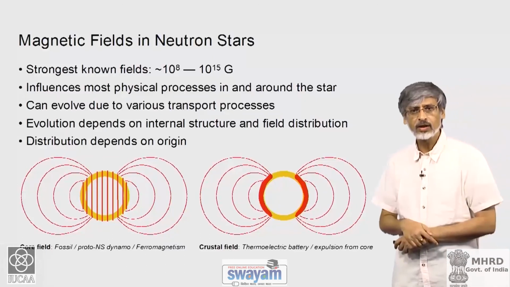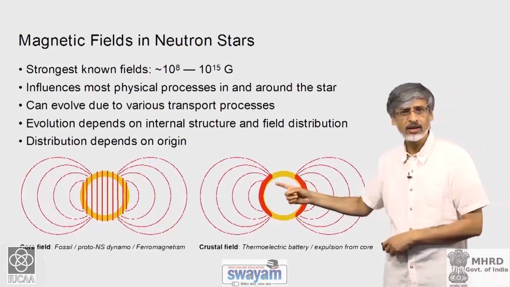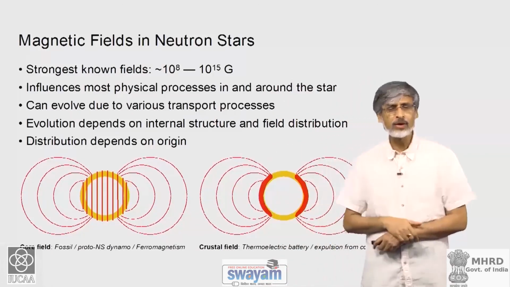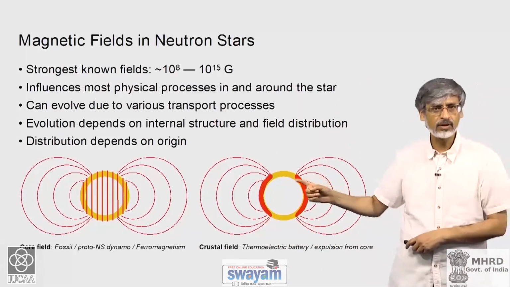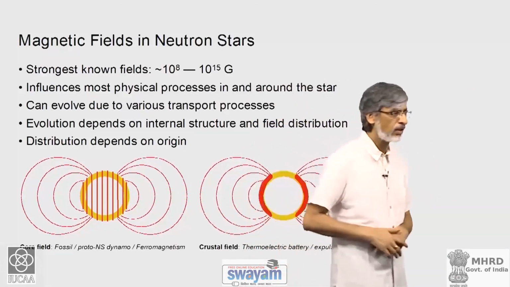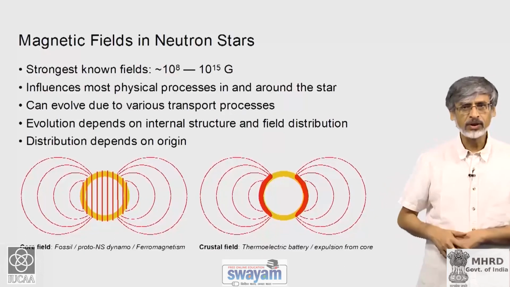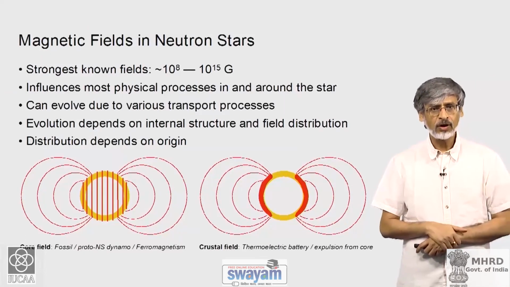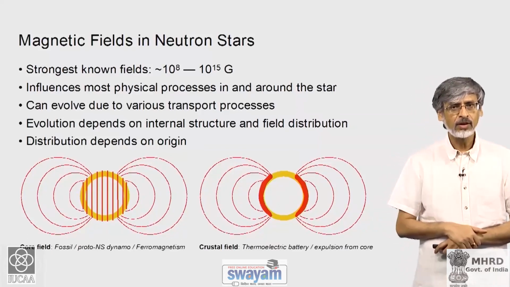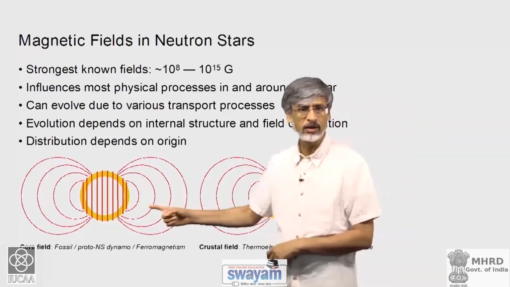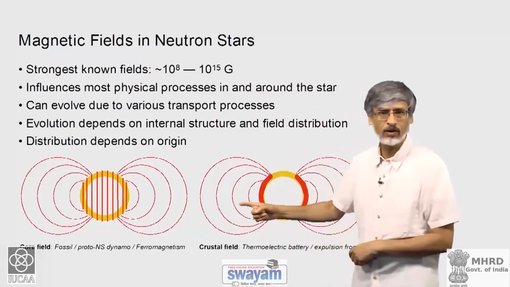So, looking from the outside, these two field structures may look similar, but the long term evolution of these two will be very different. So, one hopes that with sustained observation of long term field evolution, one should be able to figure out whether the magnetic field in the interior is carried like this or carried like this.